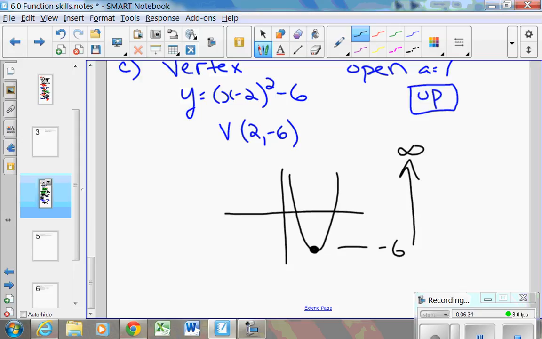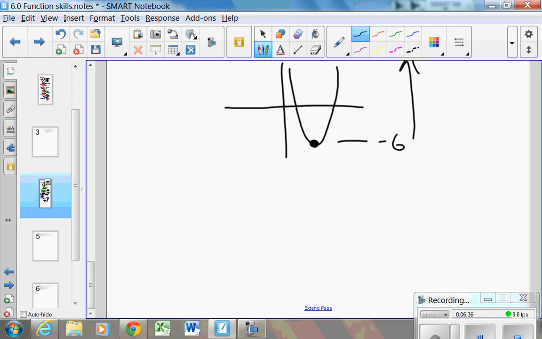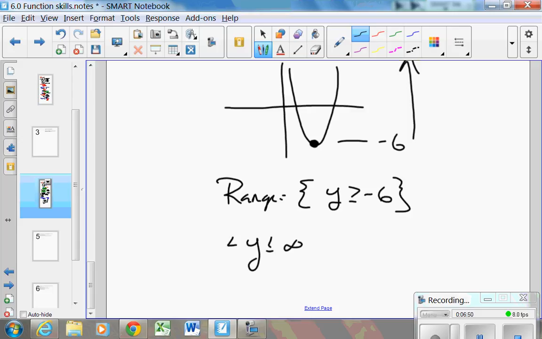Like the other examples that we've seen this morning, because everything's opening up, my range is the set of numbers y greater than or equal to negative 6. If you want to see how that develops, there is no maximum and the minimum is negative 6. So when you read that from the y value, y is greater than or equal to negative 6.